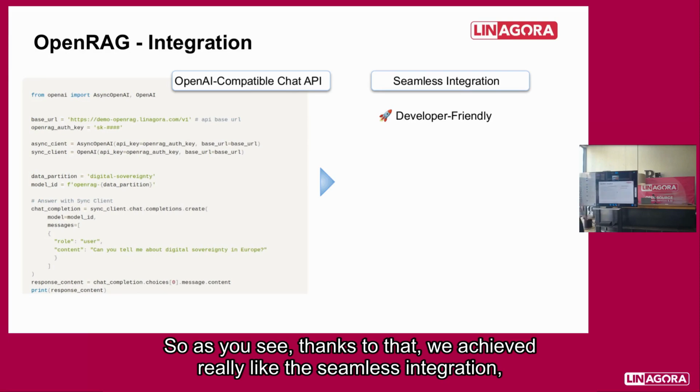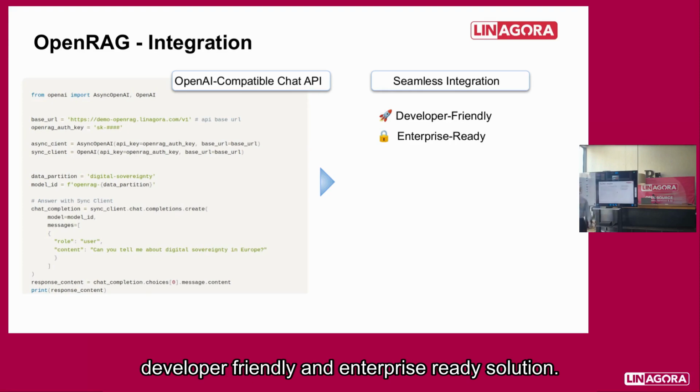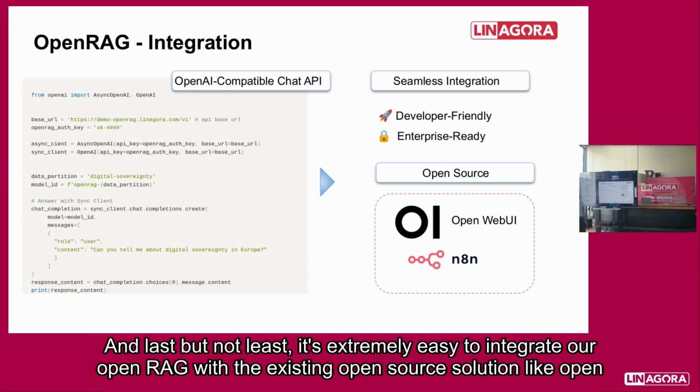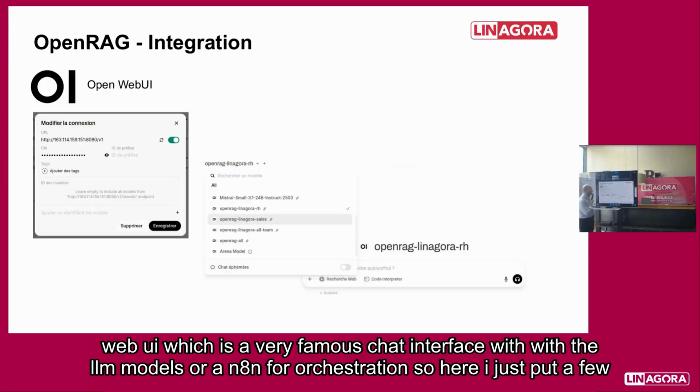Thanks to that, we achieved a seamless, developer-friendly and enterprise-ready solution. And last but not least, it's extremely easy to integrate OpenRAG with existing open source solutions, like OpenWebUI, which is a very famous chat interface for LLM models, or N8N for orchestration.